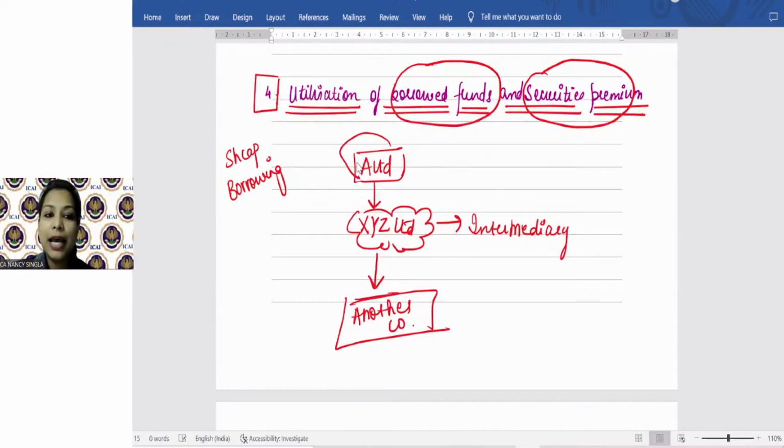A Limited has given certain funds to XYZ Limited, referred to as an intermediary here, on an understanding, whether in writing or otherwise, that XYZ Limited will invest such funds in another company on behalf of A Limited.